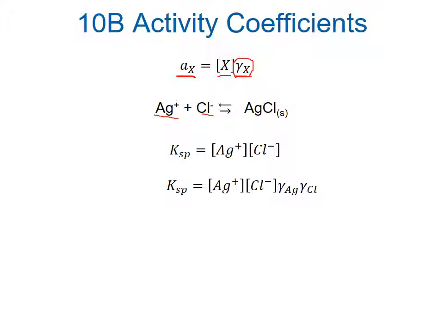So this is the correct way to do this. We actually get a significant amount of error if we use the molar concentrations rather than the activities in solution. So we take the molar concentration of silver times the activity coefficient of silver, the molar concentration of chloride times the activity coefficient of chloride, and that gives us a true solubility product.